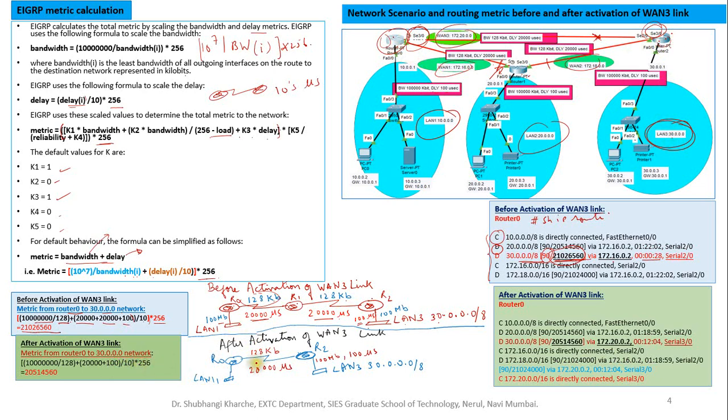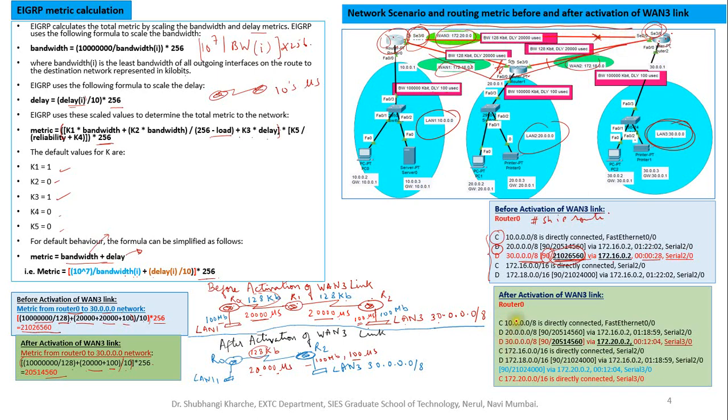In this path the bandwidth is 128 KB, and the delay is 20,000 microseconds plus 100 microseconds. So the metric calculation is 10 to the power 7 by 128 plus 20,000 plus 100 microseconds divided by 10, and this whole multiplied by 256, which is equal to 20514560. Thus the EIGRP router will find that the metric on the alternate path is higher than the metric available on this direct path, the WAN 3 link.